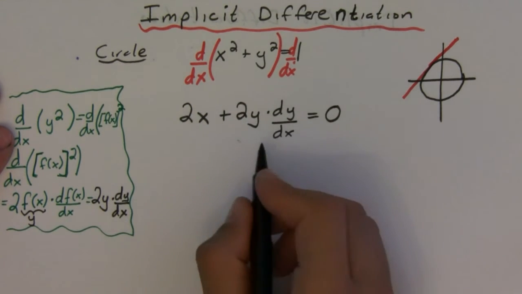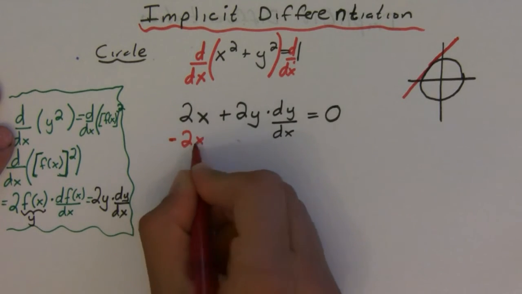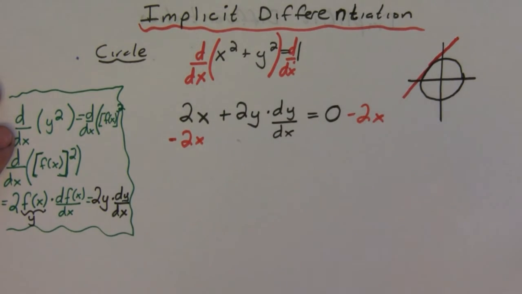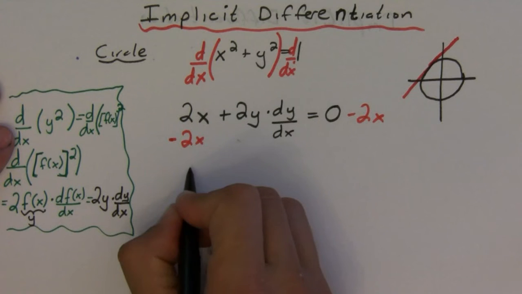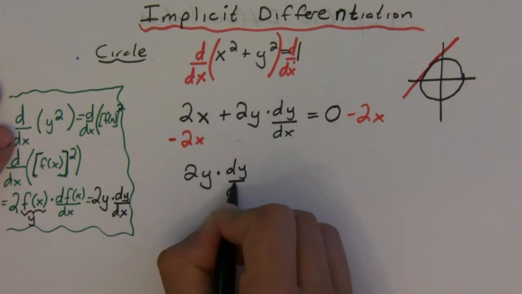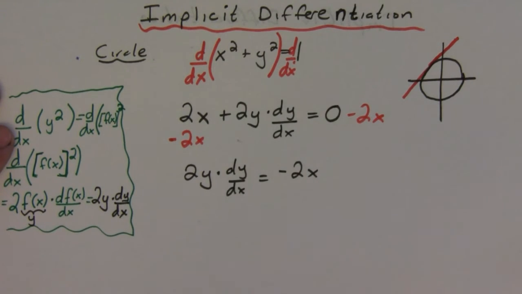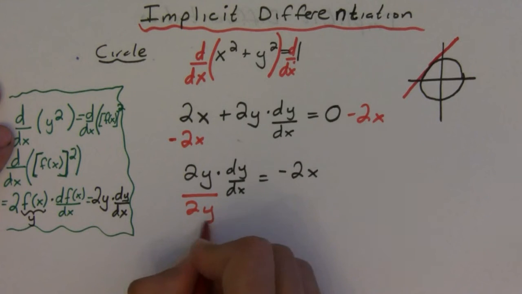And so if we do that, we would first just bring the 2x over. And so we would have 2y times dy over dx is equal to negative 2x. And then we'll divide by 2y.